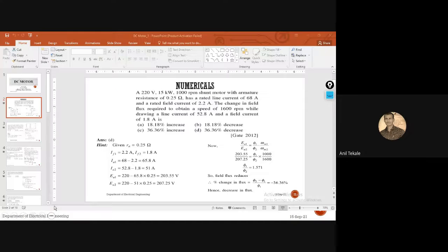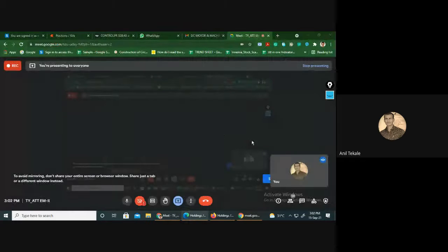Okay, so I'm ending the PPTs. We'll come back to the screen. Now I am enabling all to message. Everyone should write your roll number into the chat box, whatever new roll number has been assigned to you, and leave the class immediately. Better to start from roll number 1, 2, 3, 4, 5.